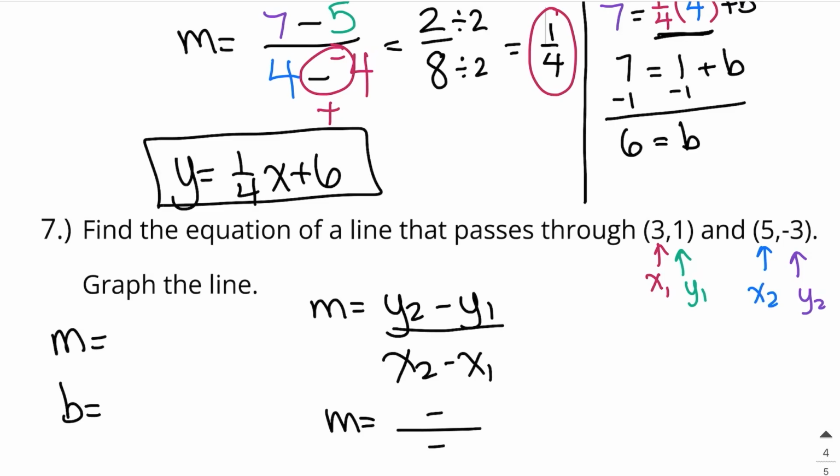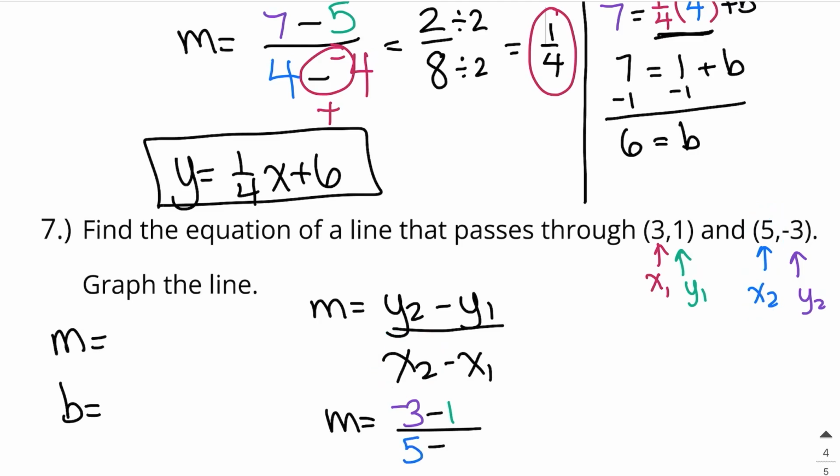So in the numerator, I know that y2 is -3 right here. So I'm going to do -3. And then I'm going to say minus y1 right here, which is 1. And then that's going to be over x2 right here, which is 5.